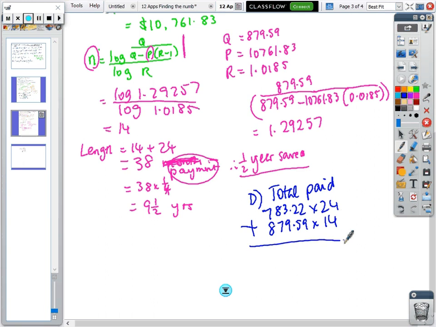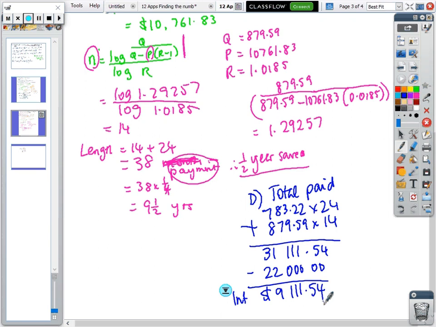So you've paid $31,111.54, and then minus the $22,000 loan, and so the interest that you got charged was $9,111.54. So that's the interest that you got charged.